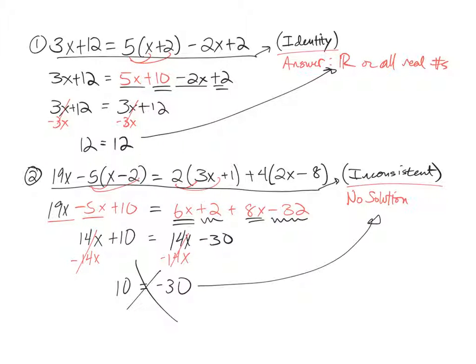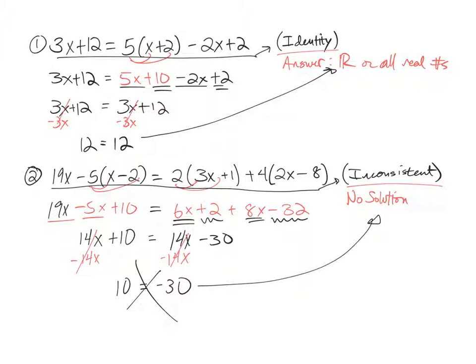So one other quick thing to say about these ideas, identity and inconsistent, or all real numbers and no solution. These ideas pop up over and over and over again when we look at other types of equations, or maybe even inequalities.